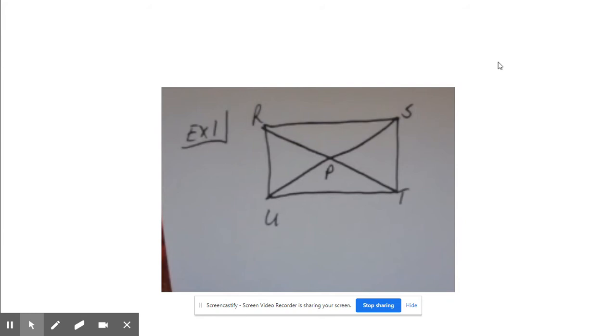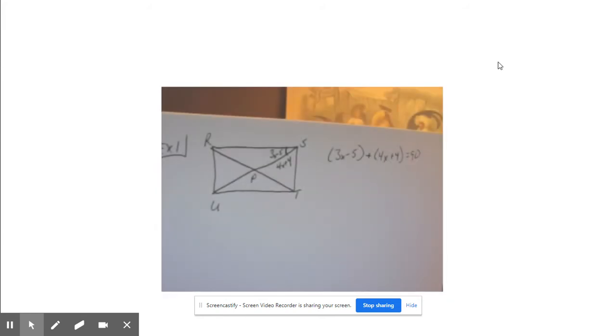Now reading the rest of this example, I see that angle RSU is 3x minus 5, and then angle UST is 4x plus 4. So this angle right here is 3x minus 5.